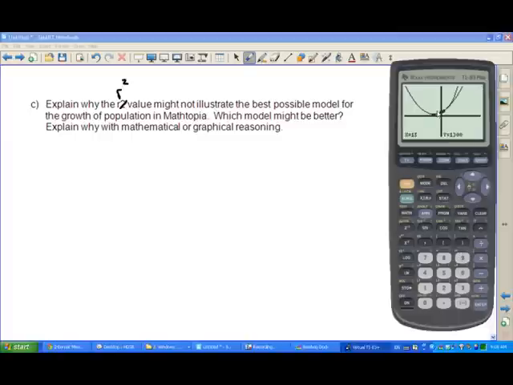So now I need to choose which model best represents the situation that was described. I think if we choose a quadratic model, what this implies is that the population used to be very high, and it decreased, and then it started to increase again, compared to the exponential function, which started at a low population, and then started to rise as time went on.